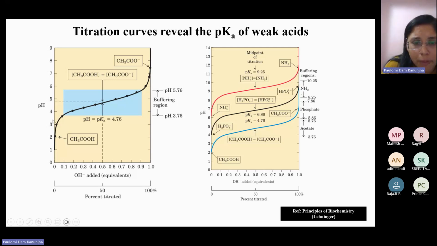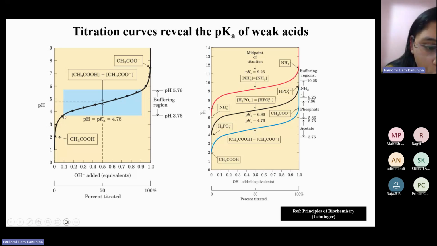Now, what is this blue bar here? This is called the buffering region. Basically here, if you add H+ or OH-, the buffer system will not see much effect, so the pH will not change to a great extent. In contrast, if you add beyond 5.76, you can see here, let's look at this point, if I add any more OH, there is a sudden increase in the pH. Come here in this part.